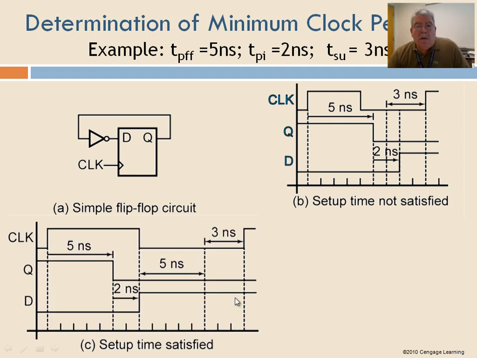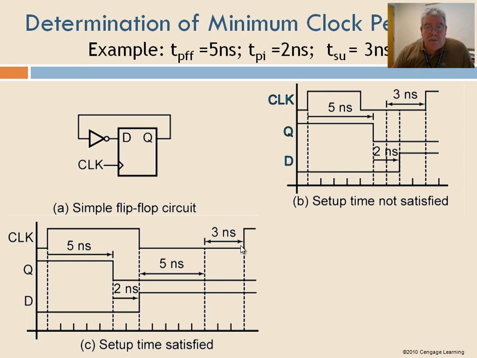This case is clearly satisfying because we have our 5 nanoseconds. You see, after the clock changes from 0 to 1, the Q changes from 1 to 0. That's what happens. Then 2 nanoseconds more, our input here will change because of the propagation time in the inverter. And then we also have 5 nanoseconds and then 3 nanoseconds more for the setup.